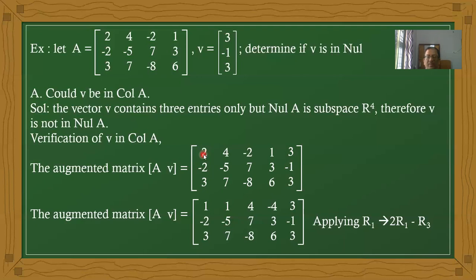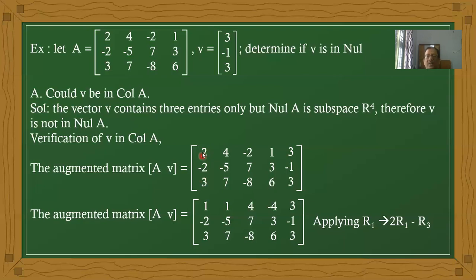It should be 1. Therefore, how is it possible, how to get 1 here now? 2 times 2, 4, minus 3 is nothing but 1 now. Therefore, I am changing this entire first row, multiplying the first row with 2 and subtracting the third row.